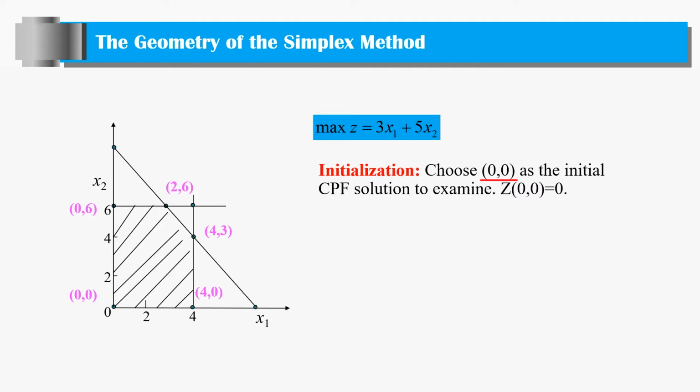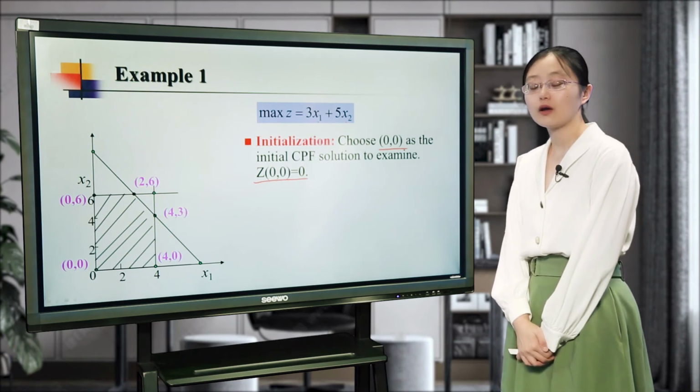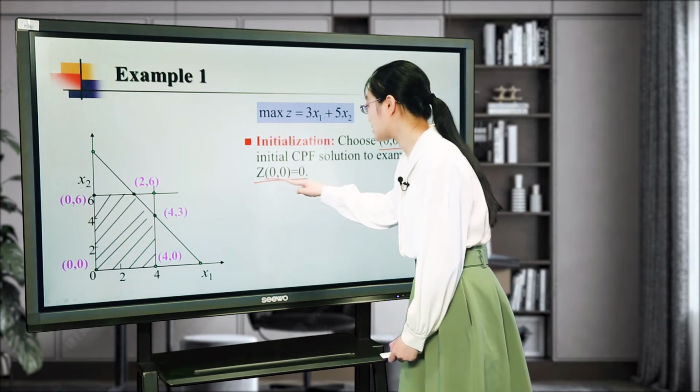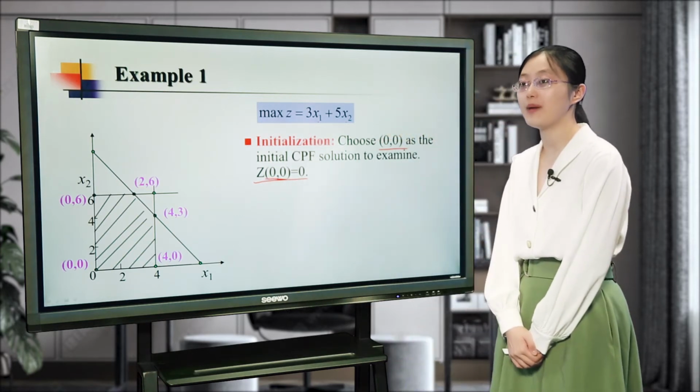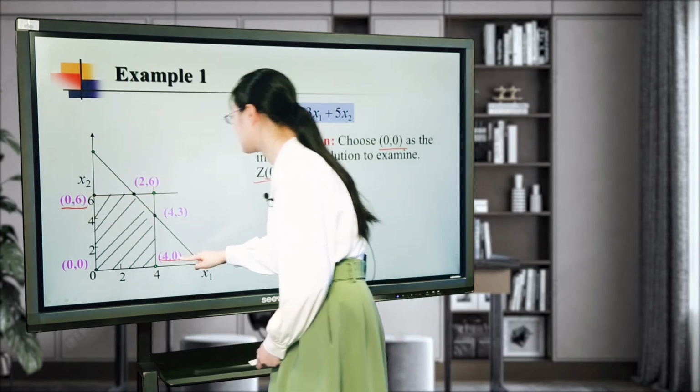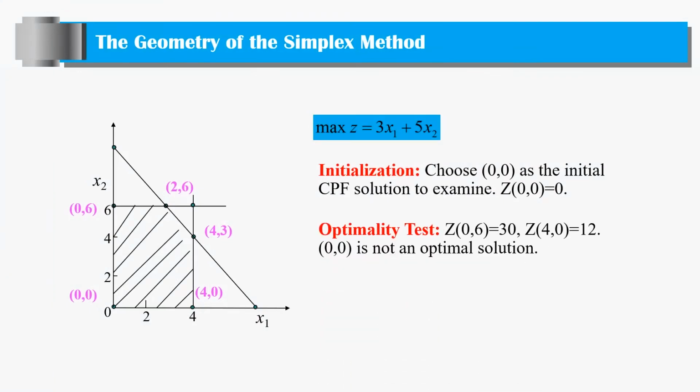At this point, our objective function is 0, since both x1 and x2 are zero. Next, we check whether the adjacent points of the origin perform better. The origin has two adjacent CPF solutions, (0, 6) and (4, 0). We substitute their values in our objective function, and we find that at (0, 6) the objective function is 30, and at (4, 0) it is 12.